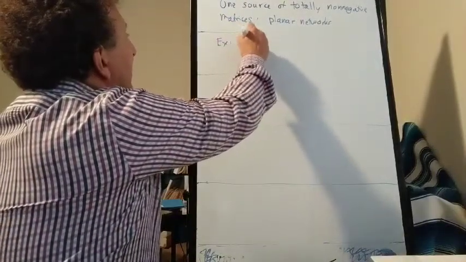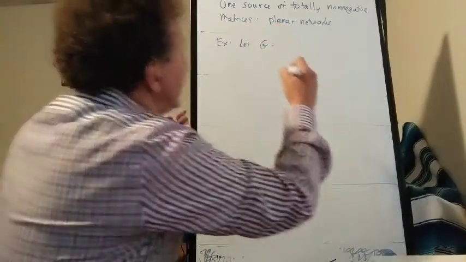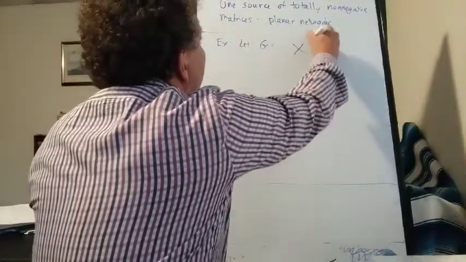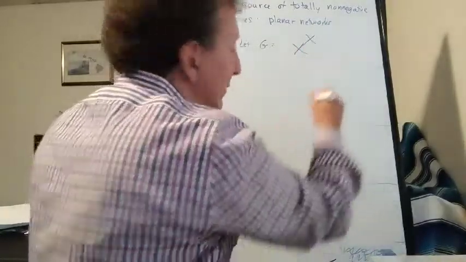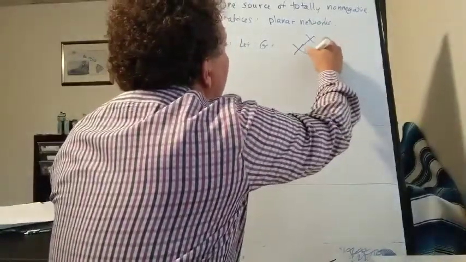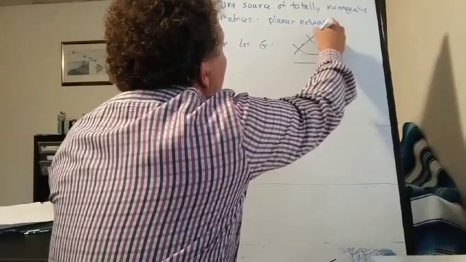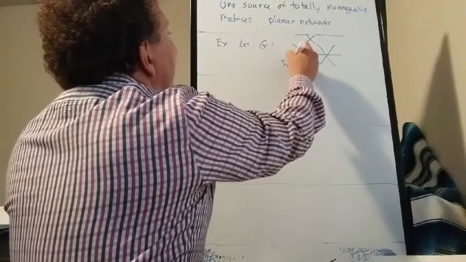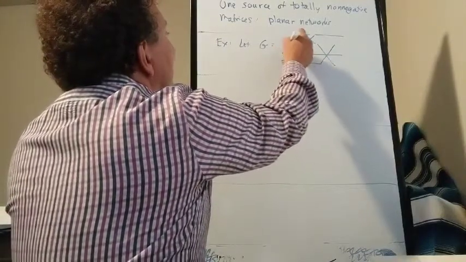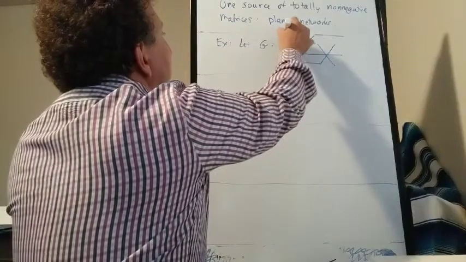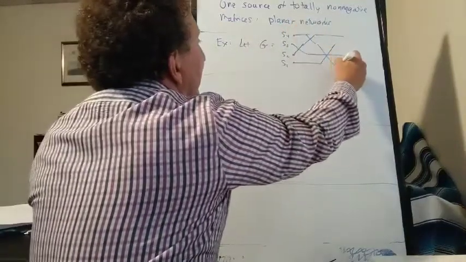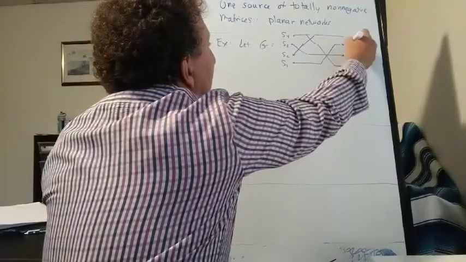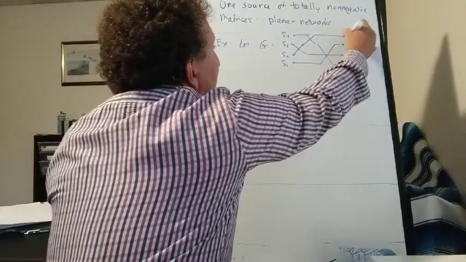So for example, let's let G be the graph with vertices on the left, which I'll call S1, S2, S3, and S4, and vertices on the right that I'll call T1, T2, T3, and T4.